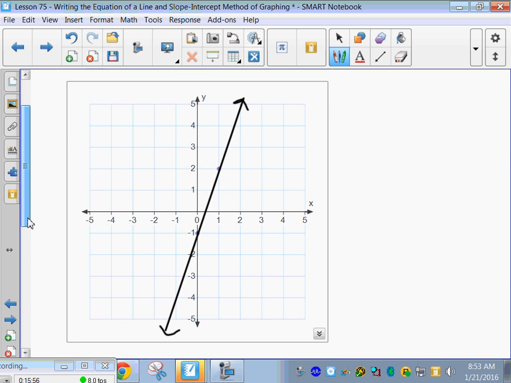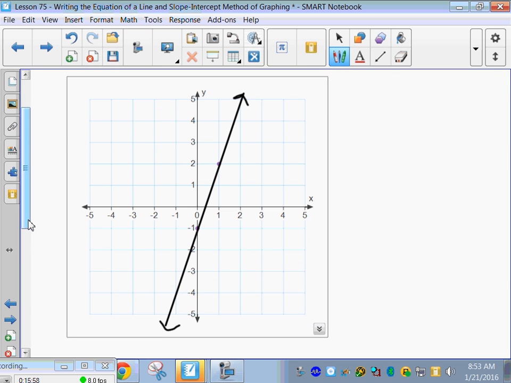Okay, what if we have the line, and now I want to find the equation of the line? So just sketch that. Doesn't need to be perfect. Just a quick sketch, okay? Longest notes ever. Okay, y equals mx plus b. Only 2 things we need to find, right? What's the b? The y-intercept.